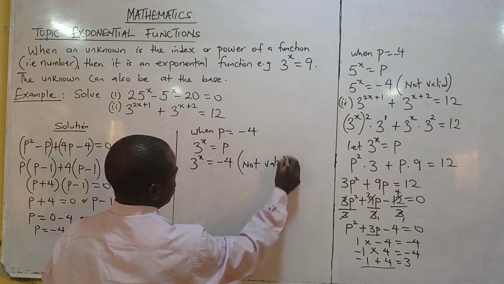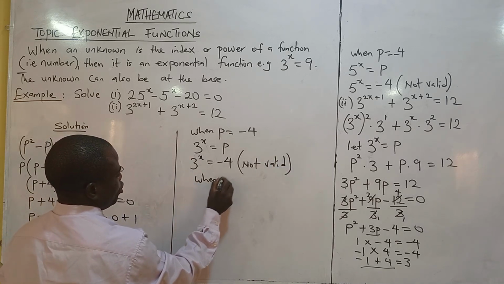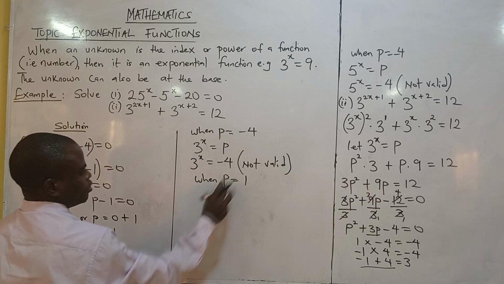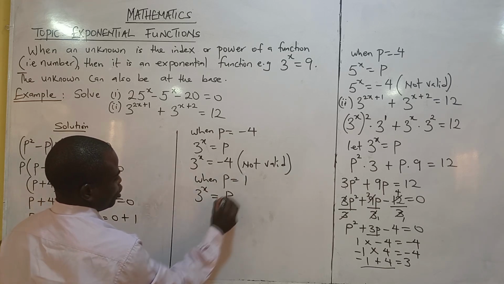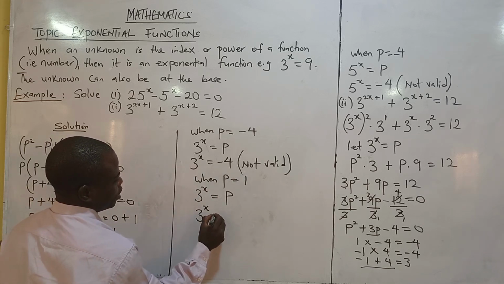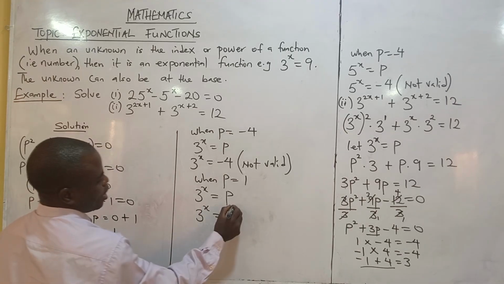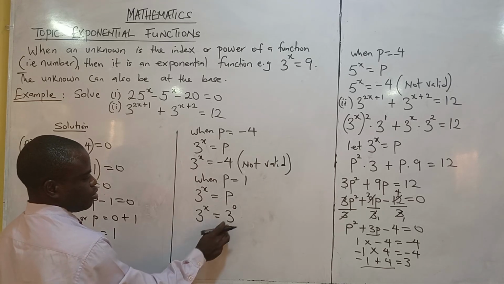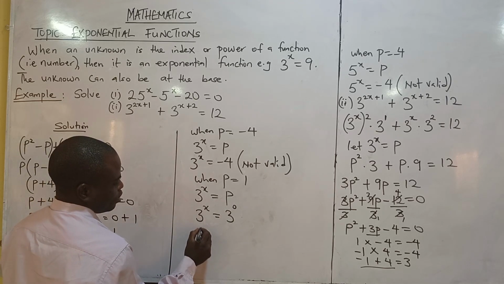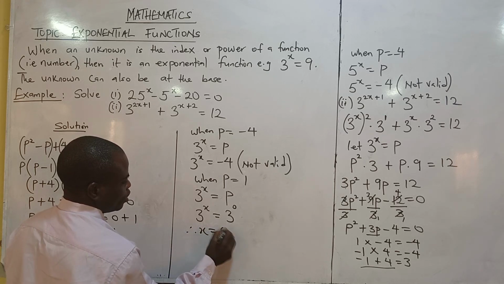Not valid. Now let's go when p equals 1. 3 raised to power x equals p, so 3 raised to power x equals 3 raised to power 0, because anything raised to power 0 is 1. Now the bases are the same, therefore our x equals 0.